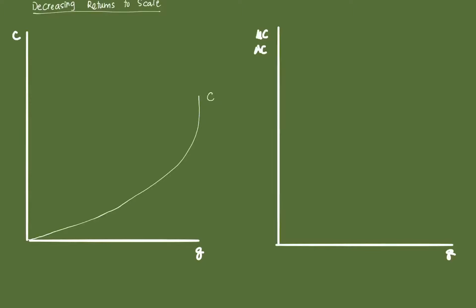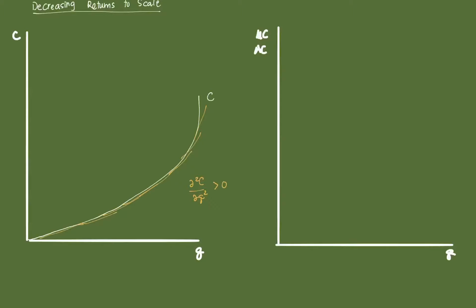So what you'll notice is, again, doing that slope example, the slope initially is kind of flat but gets steeper and steeper as Q is increased. And this implies that the second order derivative is positive because cost is increasing at an increasing rate.